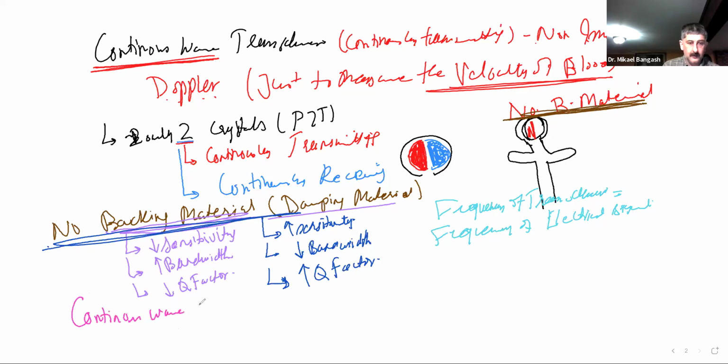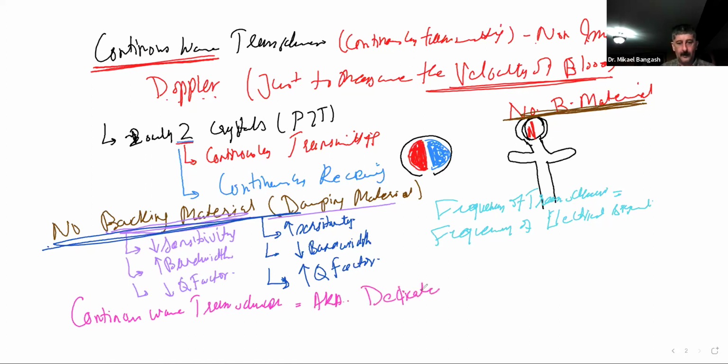This continuous wave transducer here may also be known as a dedicated continuous wave transducer.